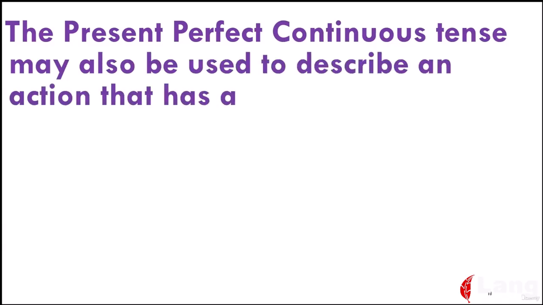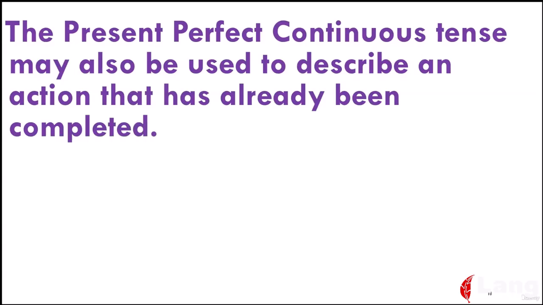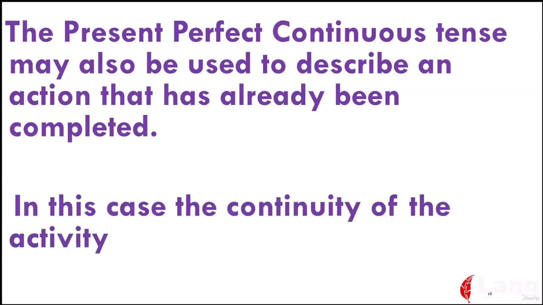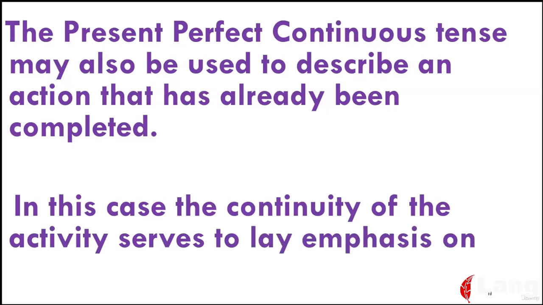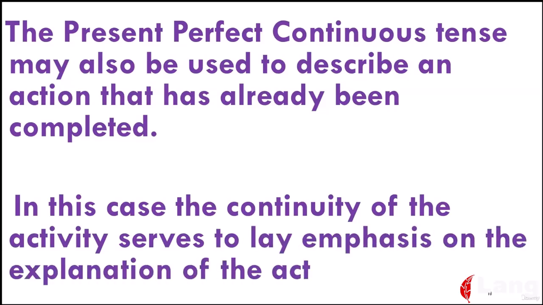The present perfect continuous tense may also be used to describe an action that has already been completed. In this case, the continuity of the activity serves to lay emphasis on the explanation of the action performed.